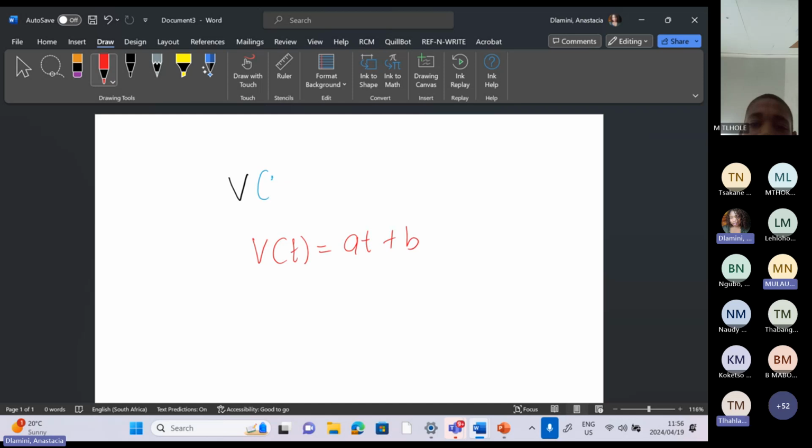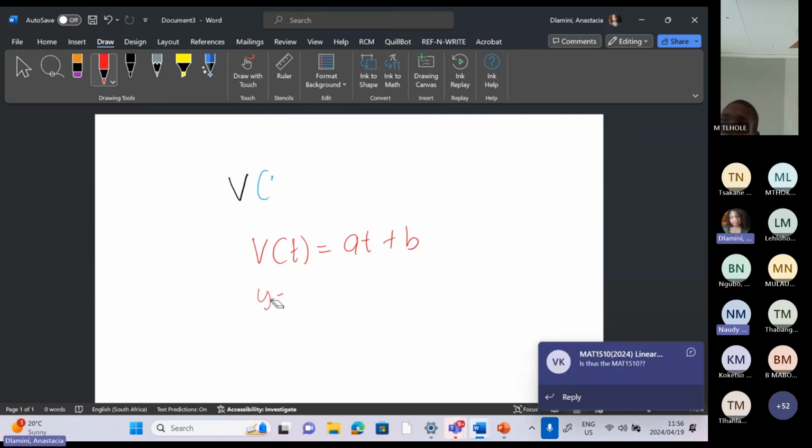Now, if I'm sketching the graph, what do I say? The y-intercept. Before that, we know that a is the rate of change, the slope.